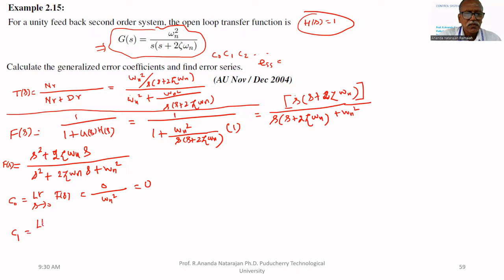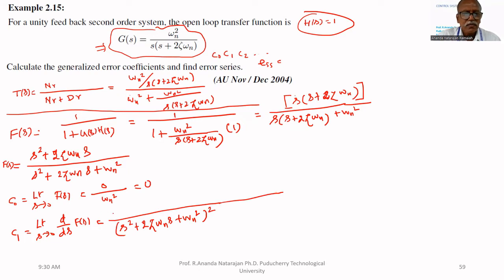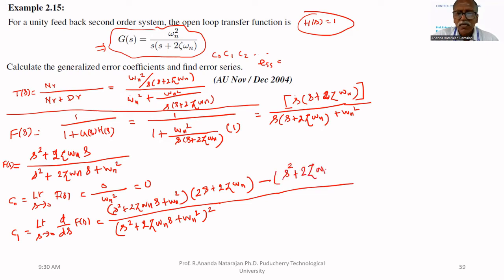C1 equals limit S tends to 0 of d by ds of F of S. That is equal to the denominator, S square plus 2 zeta omega n S plus omega n square, whole square, and the numerator: S square plus 2 zeta omega n S plus omega n square multiplied by the derivative of the numerator, 2s plus 2 zeta omega n, minus S square plus 2 zeta omega n S multiplied by the derivative of the denominator.